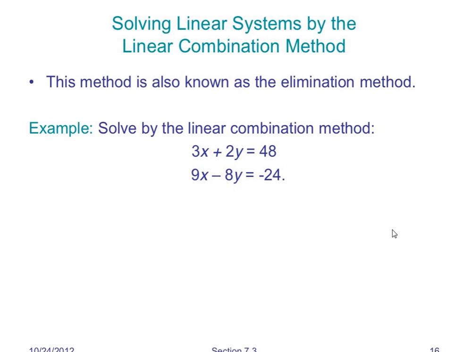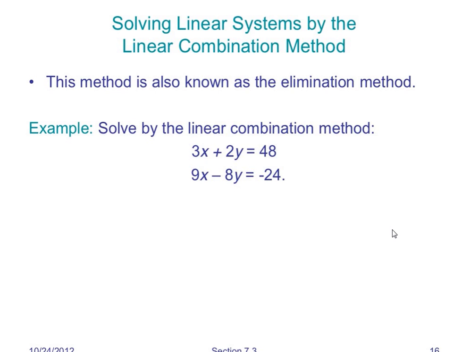In order to eliminate a variable, what I need is the same number with opposite signs. In other words, if this is a 9x, this would need to be a negative 9x. Since it's not, I'm not going to eliminate the x's.